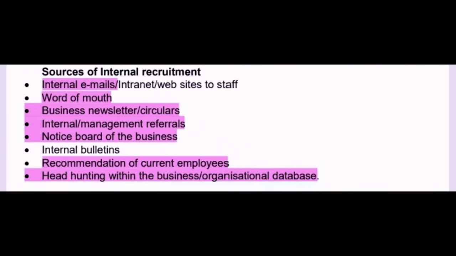Number one, internal emails, which means they will send an email to people who are already in the business that there is a vacancy. Number two, word of mouth, which means they go around the employees and tell them about the vacancy.